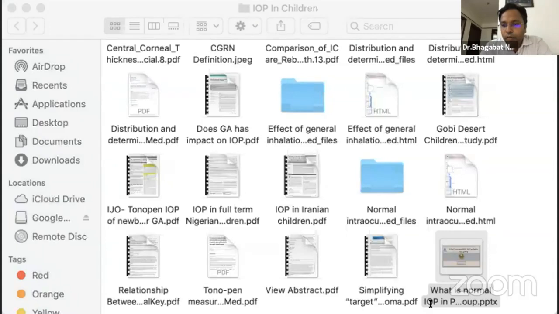Is it visible? Yes, no, doctor. Your slides are not visible. Your laptop is visible. The screen is visible. You need to press on the presentation. You have to share the presentation.